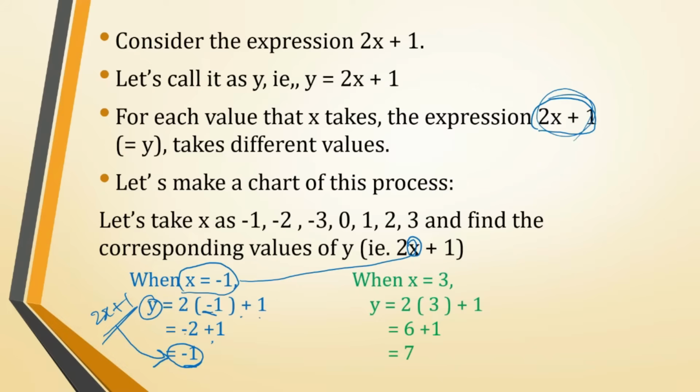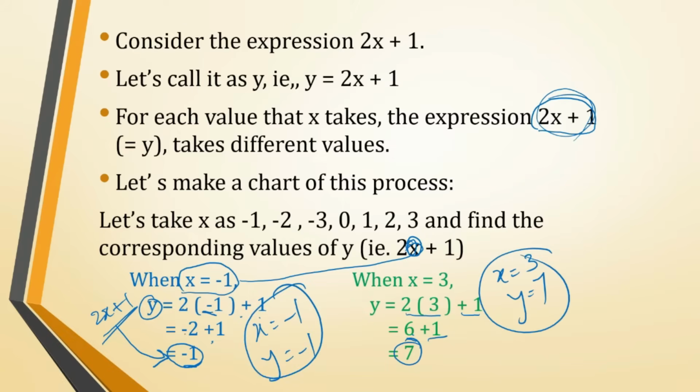Plug in the value of 3 in place of x. So 2 times 3 is 6, and plus 1 is already there in the expression. So 6 plus 1 is 7. So when x is equal to 3, y is equal to 7. And when x is equal to -1, y is equal to -1, and so on. I just used these two values for x. You need to go on doing this for all the values and make a nice table. Let's see how the table would look.